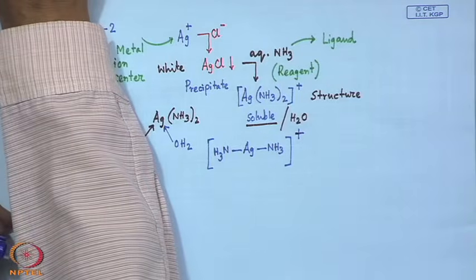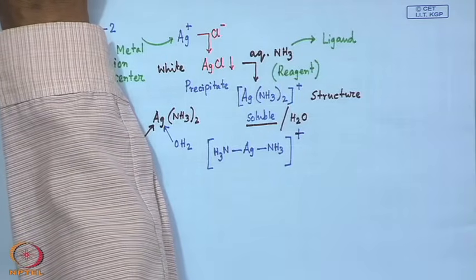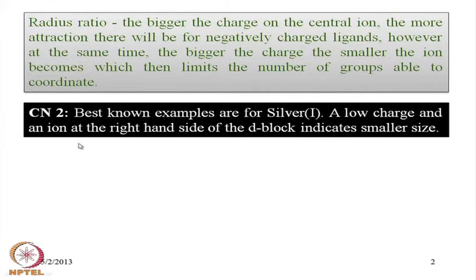So, this is the well known example for silver 1, which has a low charge, and an ion at the right hand side of the d block indicates smaller size. So, silver 1, copper 1, gold 1, as well as zinc, cadmium and mercury also.